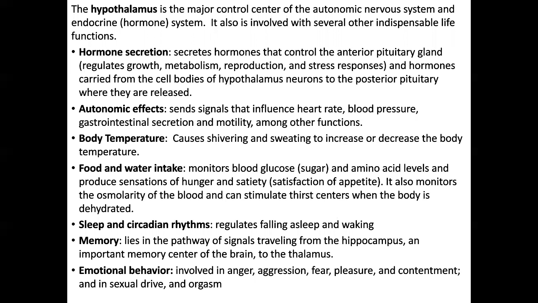So thinking back to when we talked the other day about the autonomic nervous system, we talked about things like sympathetic, parasympathetic, fight or flight, rest and digest, controlling things automatically. Your hypothalamus is in charge of those things. So it produces autonomic effects like influencing heart rate, blood pressure, secretion and motility of your stomach and intestines, among many, many other things.